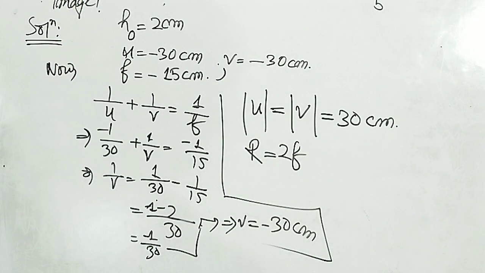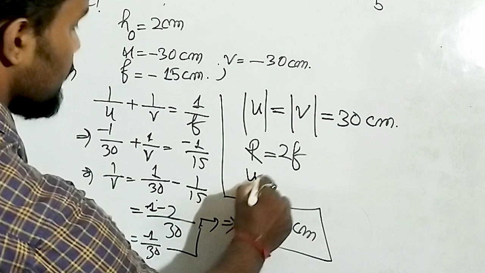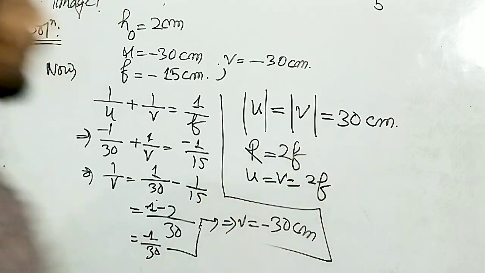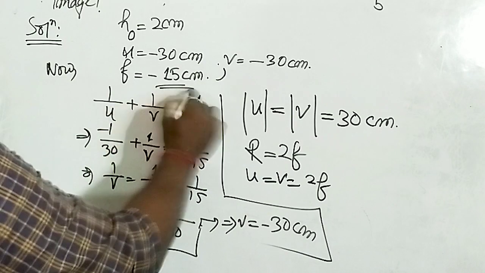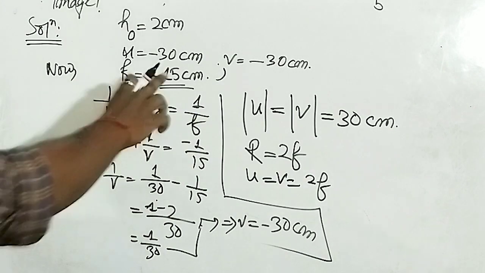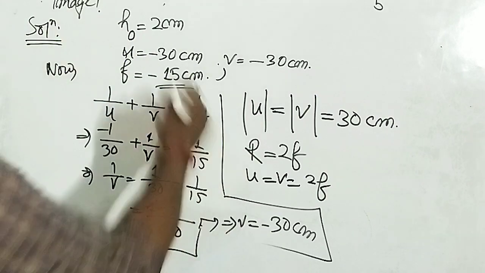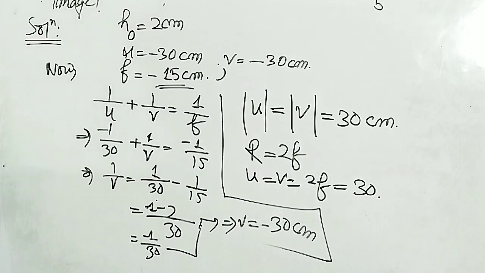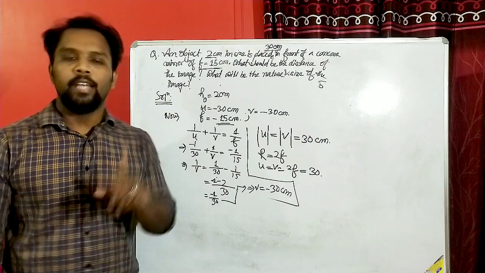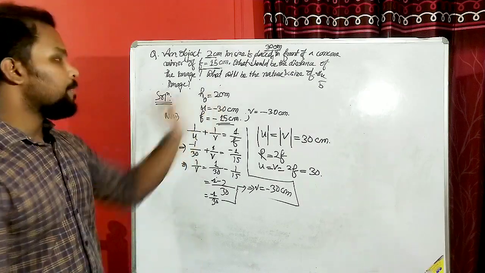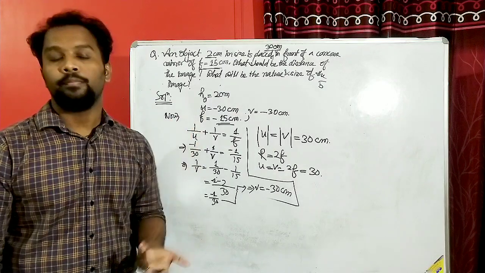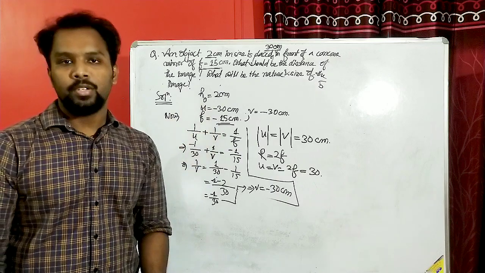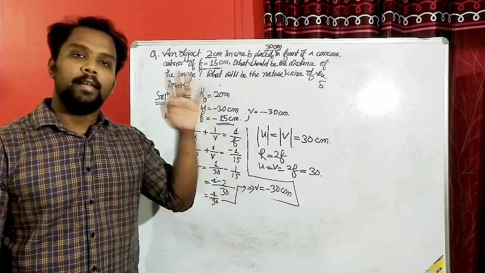Just look closely: f is 15, and if we multiply by 2, it is going to be 30. So there is only one condition in case of a concave mirror where the image distance and the object distance remain the same. And what is that condition? Where we have to put the object at the center of curvature.